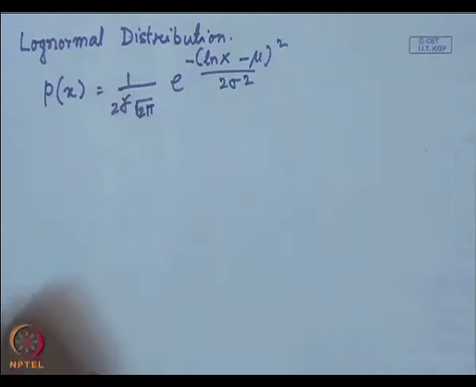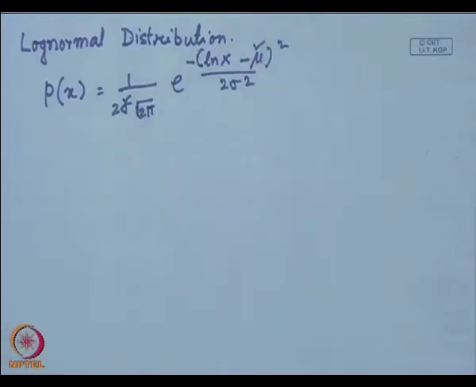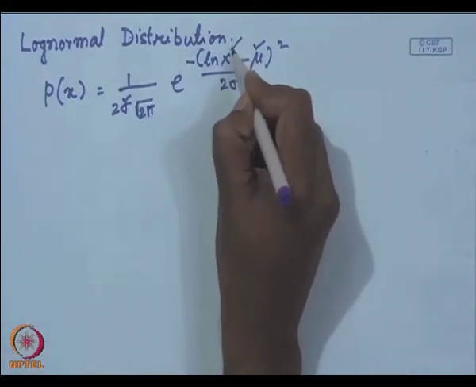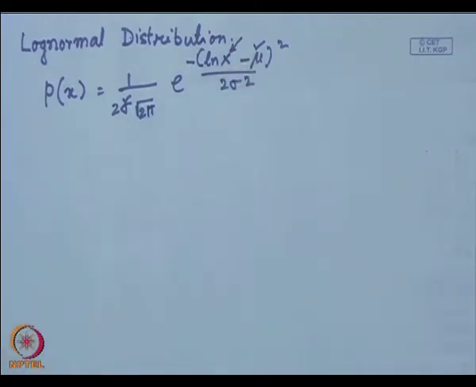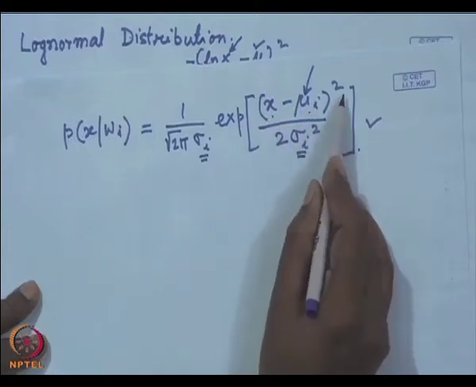And here again, in case of the log normal distribution, we have two different parameters. One of the parameters is sigma as before, which is the standard deviation, and the other parameter is mu as before, the mean of the sample values. A notable difference between the Gaussian or normal distribution and the log normal distribution is that in the normal distribution, the exponent contains x minus mu square.